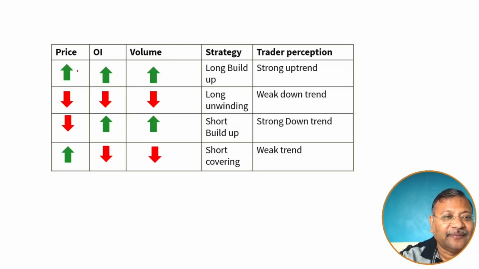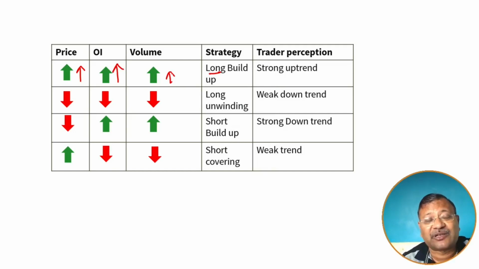We see here, if the price goes up and open interest goes up, we know that this is a long build up and the volume is also going up. That means not only are more people coming in, but they are coming in huge numbers. This indicates a strong uptrend.